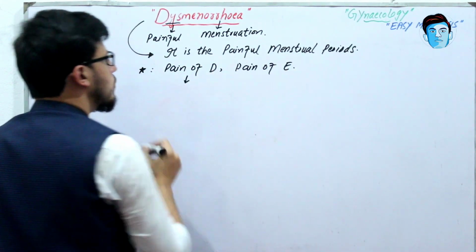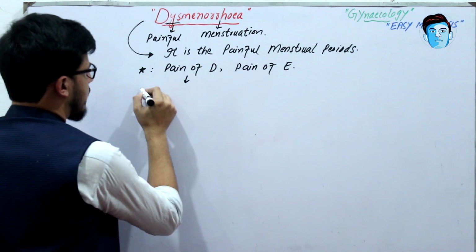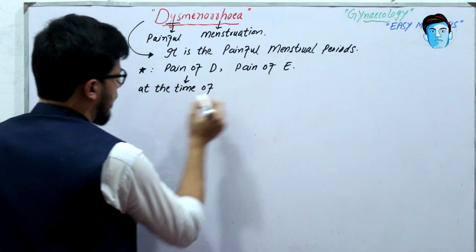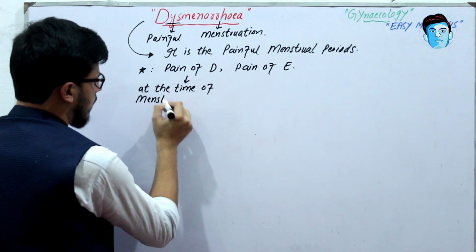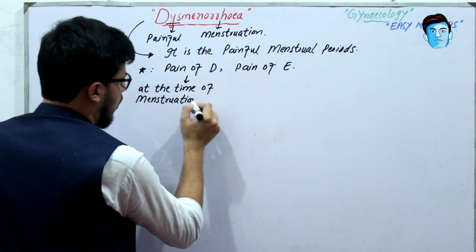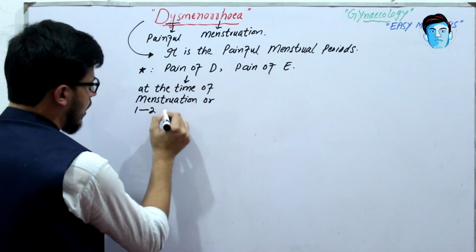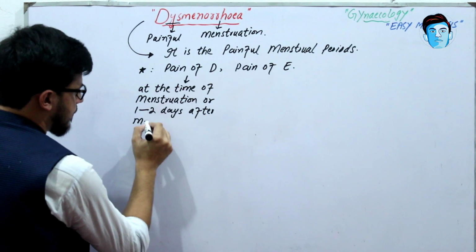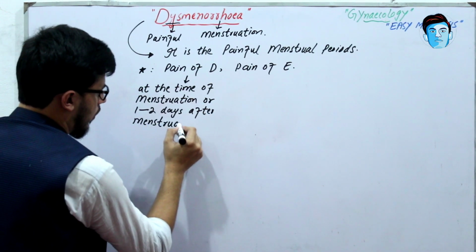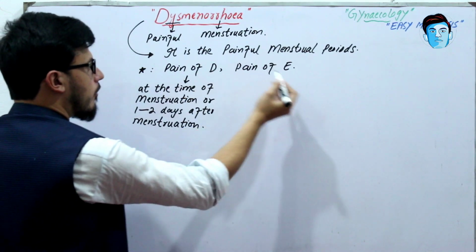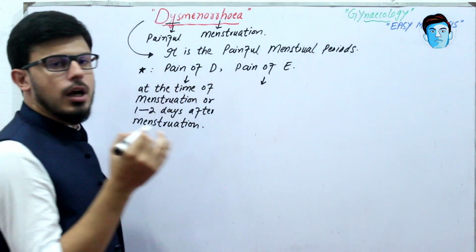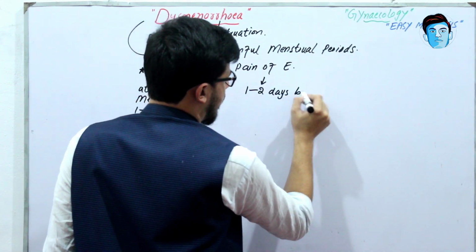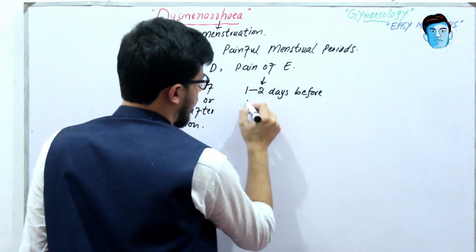Pain of dysmenorrhea usually occurs at the time of menstruation, or 1 to 2 days after menstruation, while pain of endometriosis usually occurs 1 to 2 days before menstruation.